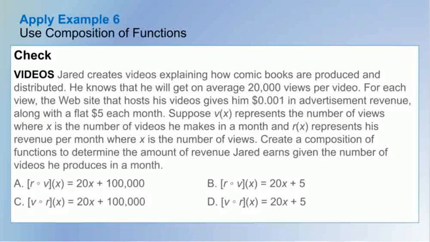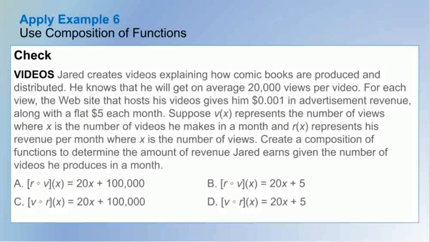Suppose V of X represents the number of views, where X is the number of videos he makes in a month, and R of X represents his revenue per month, where X is the number of views. Create a composition of functions to determine the amount of revenue Jared earns given the number of videos he produces in a month.